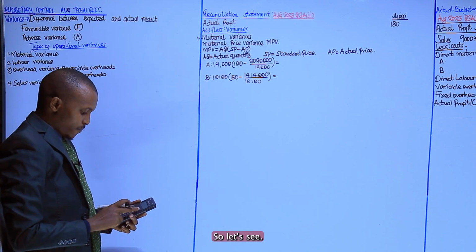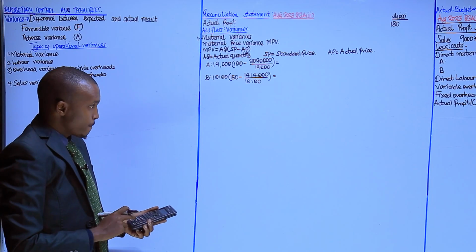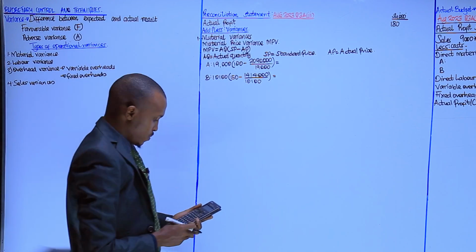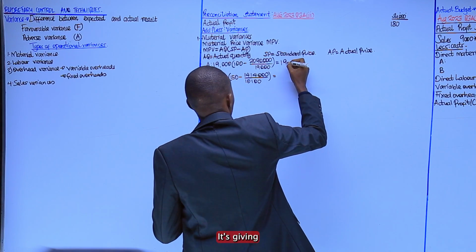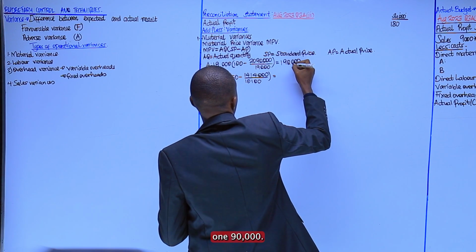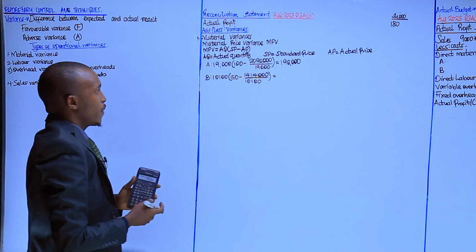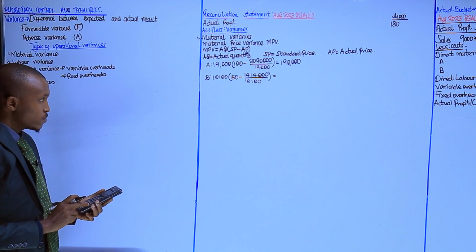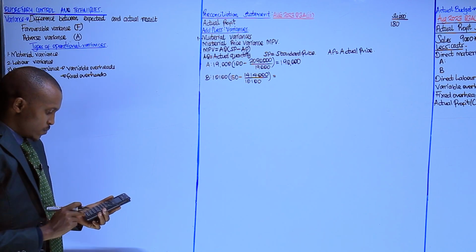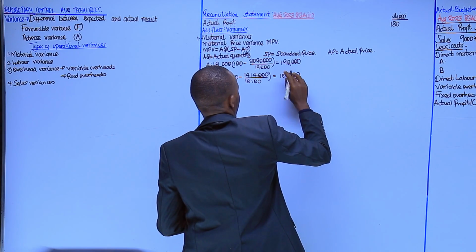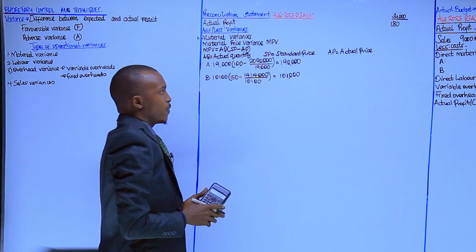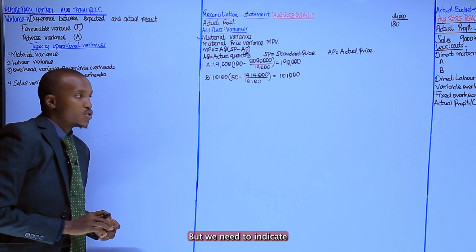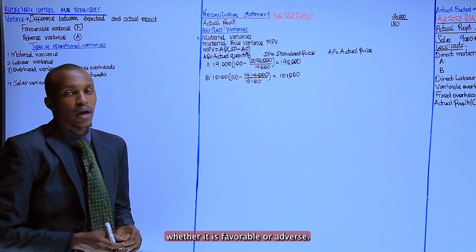So let's see. This should give you 190,000 and 101,000.